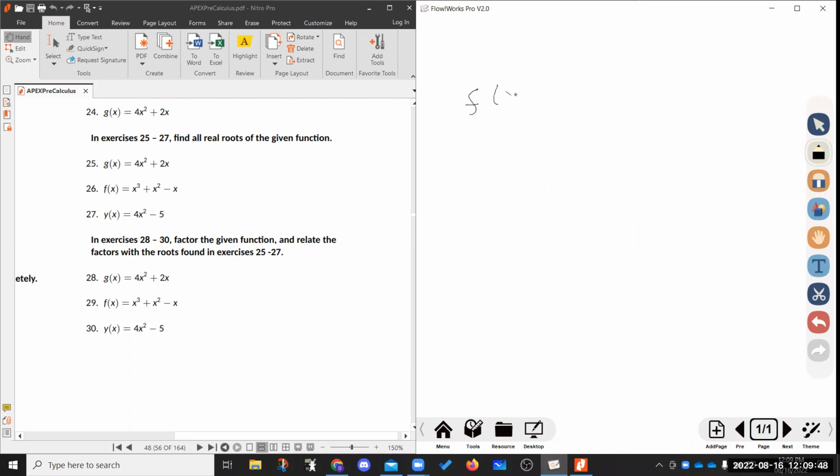Now we've got f of x is equal to x cubed plus x squared minus x. We're going to factor out the x. x squared plus x minus 1. I don't see any factors of 1 that are going to add up to give me 1. So I'm probably going to have some either irrational or complex roots here.